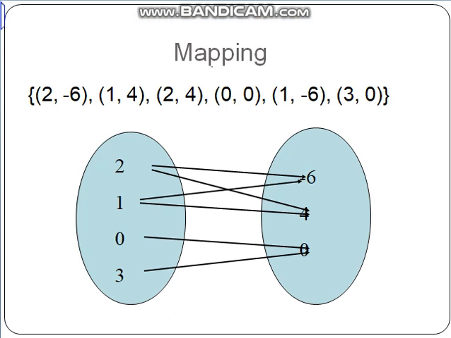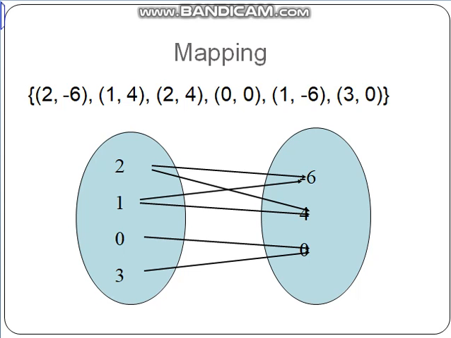Example of mapping: (2, -6), (1, 4), (2, 4), (0, 0), (1, -6) and (3, 0). These are the pairs or elements of the set which are given. Then we design one oval on the domain side and one oval on the range side. The domain elements are 2, 1, 0 and 3.